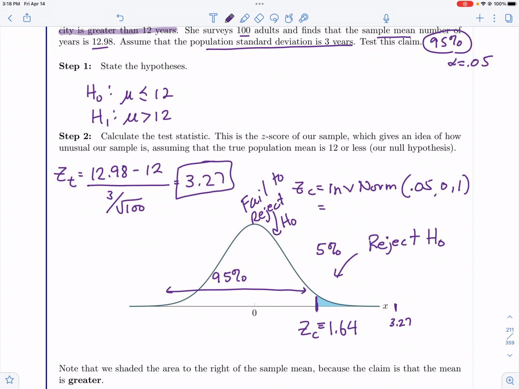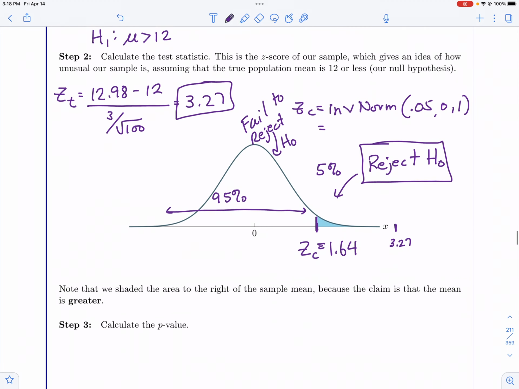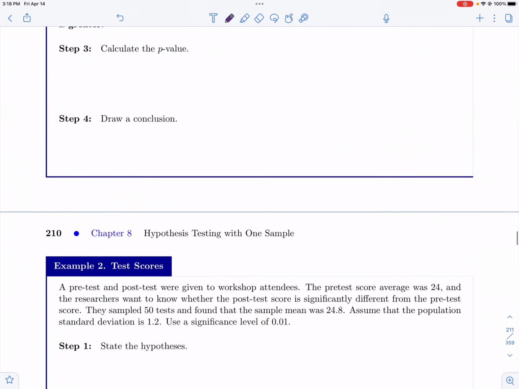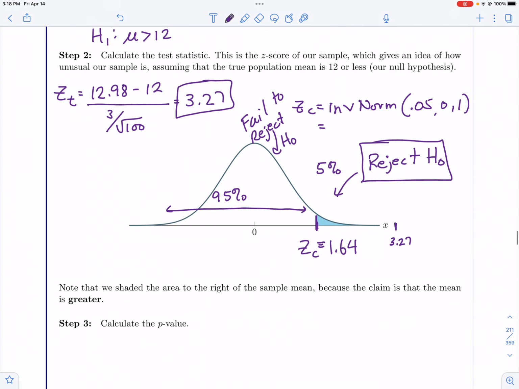So according to our test statistic, it looks like we're going to reject H naught in this case. All right, so now let's verify that's true by calculating our p-value and seeing if it's less than our alpha of 0.05.